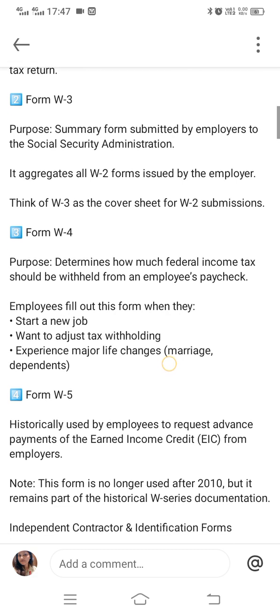It mainly focuses on the Social Security Administration, and it aggregates all W2 forms issued by the employer. Think of W3 as the cover sheet for W2 submission.